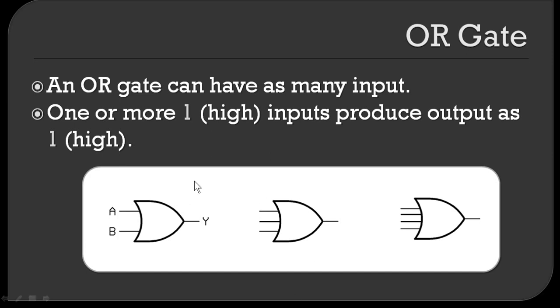Now we will come to the gate, how it looks. You can see a curve here, and then you put the same triangle which we used for the NOT gate, but a rounded triangle. Then you have a sharp edge, and then you put a line, that will be the output.